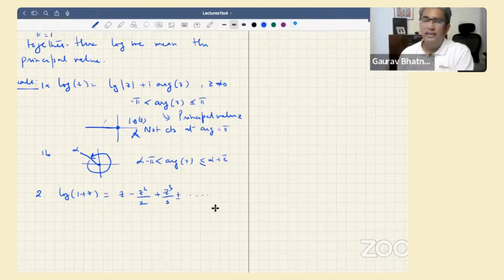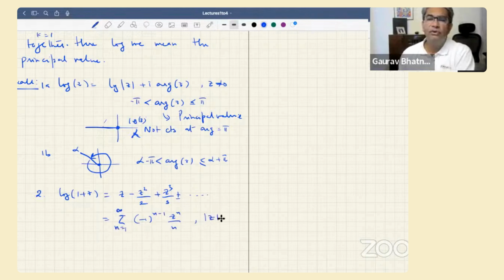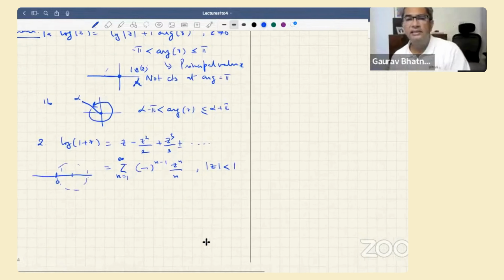It is the sum of minus 1 raised to the power n minus 1, times (z minus 1) raised to the power n over n, going from 1 to infinity. This is valid for the absolute value of z minus 1 less than 1. So this is 0, this is 1, and in this domain, not including 0, log has this power series.